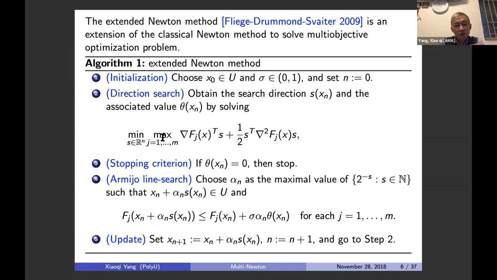Remember, when you have a convex efficient frontier, it can be touched by a linear function on that side.